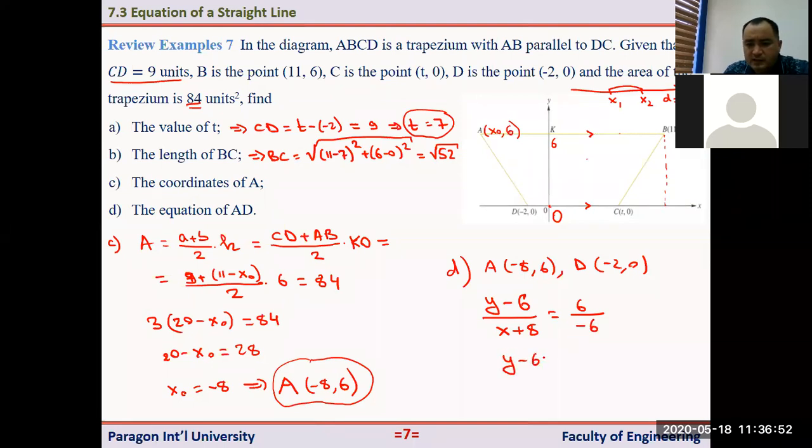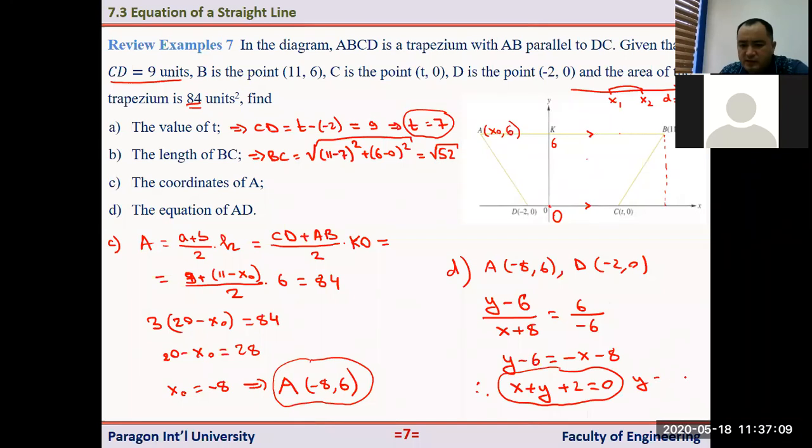Or y minus 6 equals negative 1 times x plus 8, or here we have x plus y plus 2 is equal to 0. That is the equation of our straight line. Or in gradient form, y is equal to minus x minus 2. Okay? Guys, any question?